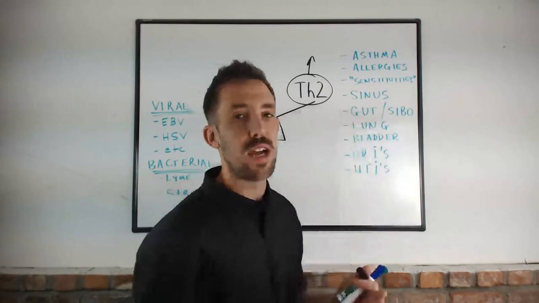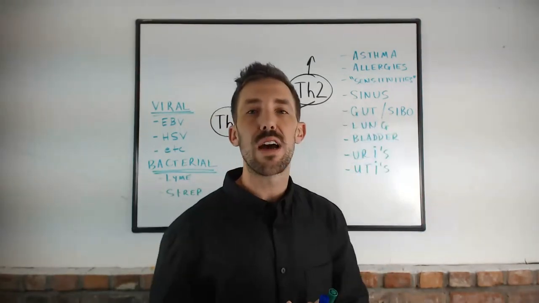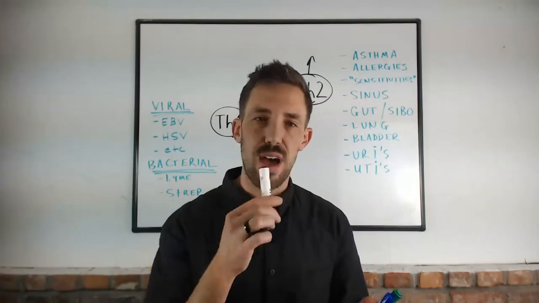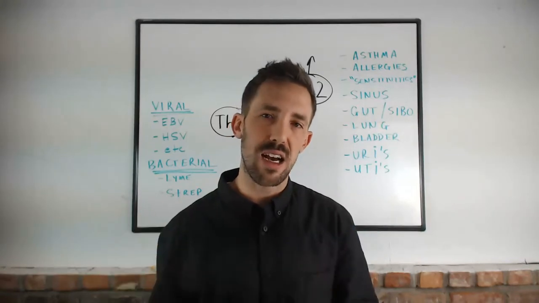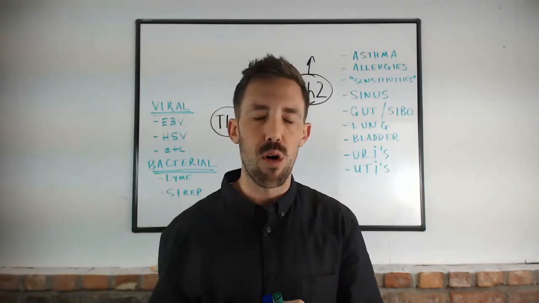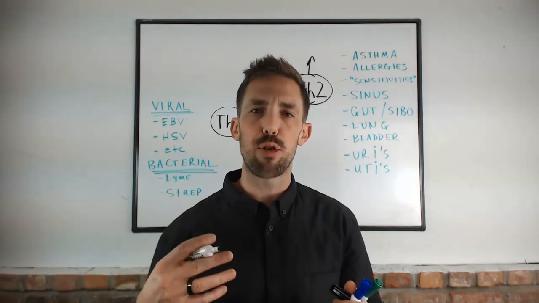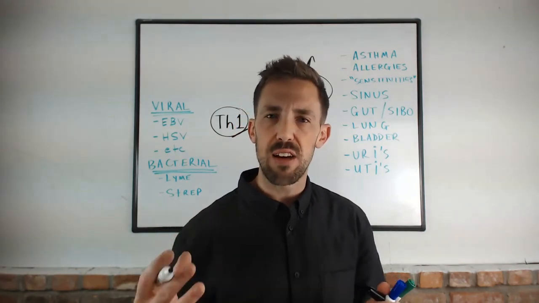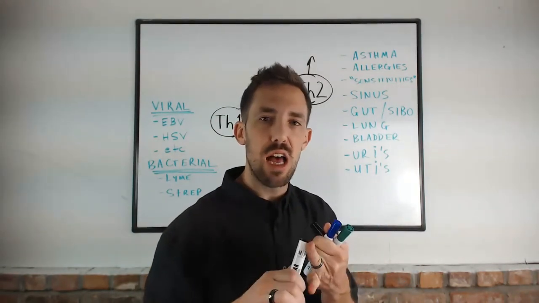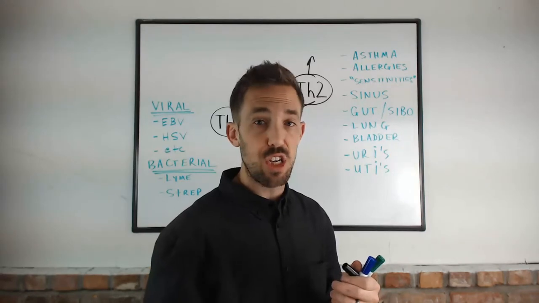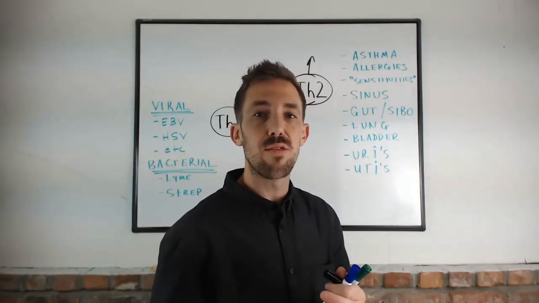Gut inflammation, overgrowths. I put SIBO in here because we can have opportunistic overgrowths like sinus infections, or candida or yeast, or SIBO overgrowths of the gut. So these overgrowths, these opportunistic infections, create this inflammation in hollow spaces: sinus inflammation, gut, bladder infections, urinary tract infections, lung infections, or just lung inflammation.